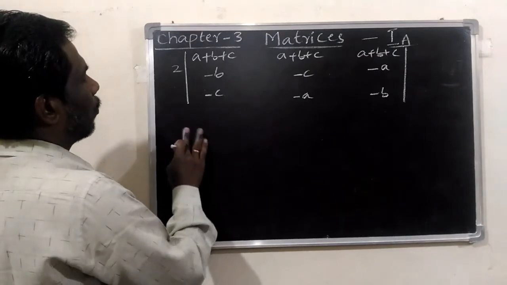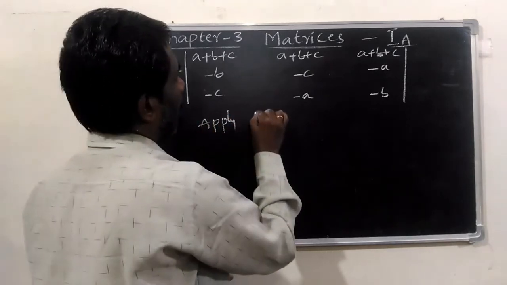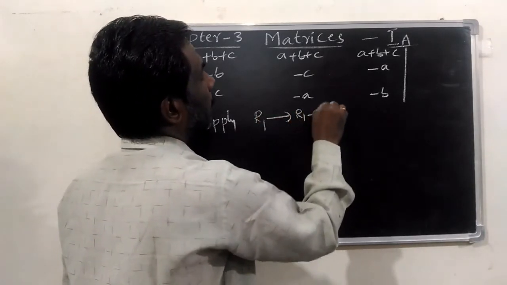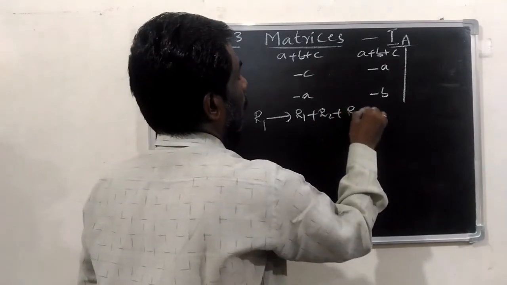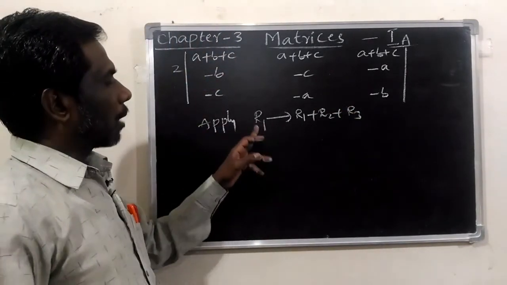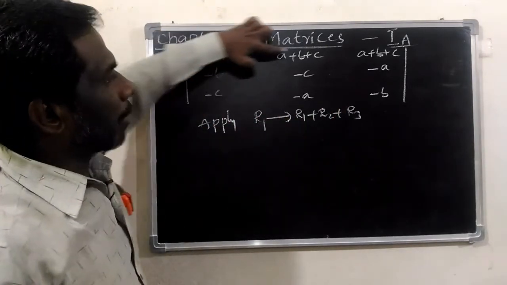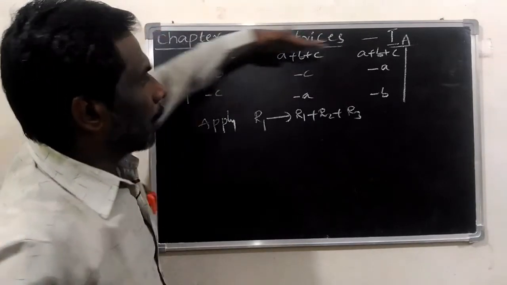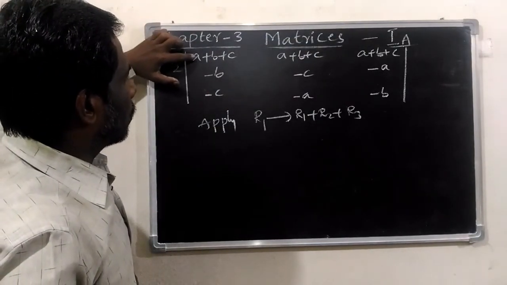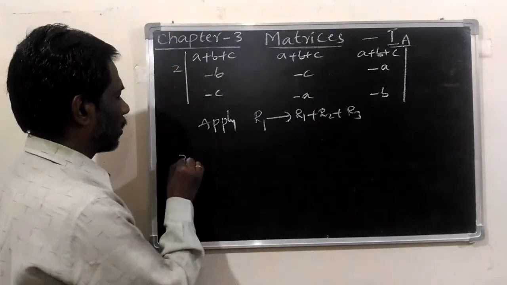Now we are applying R1 plus R2 plus R3. Now I am going to do the R1 operation. The R1 operation is what? R1 plus R2 plus R3. So this is the R1. I am writing this 2 as it is.